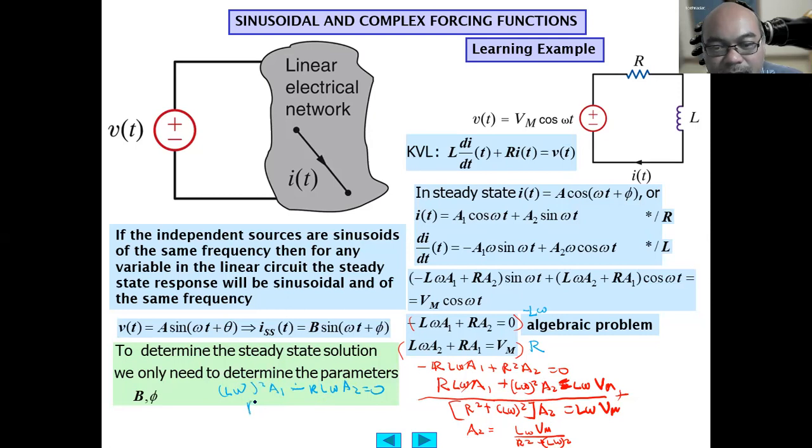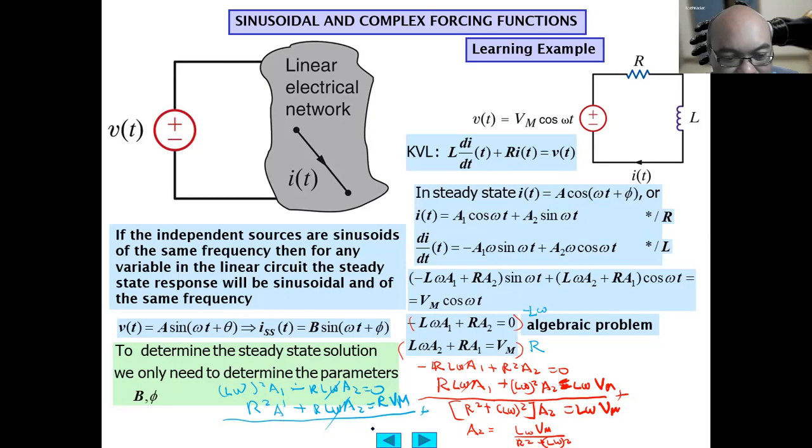Then R square A1 plus R L omega A2 equals to R Vm. So this will cancel, right?